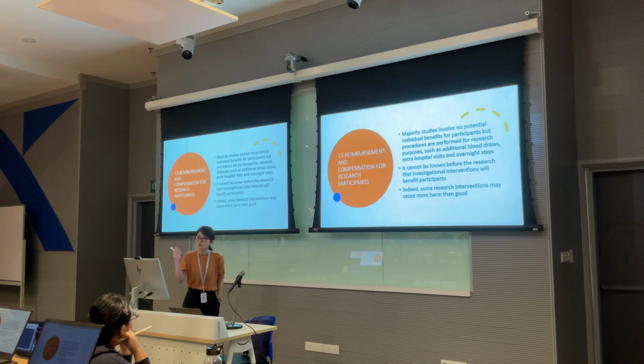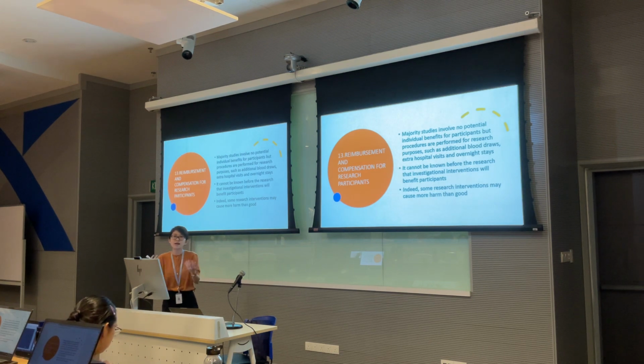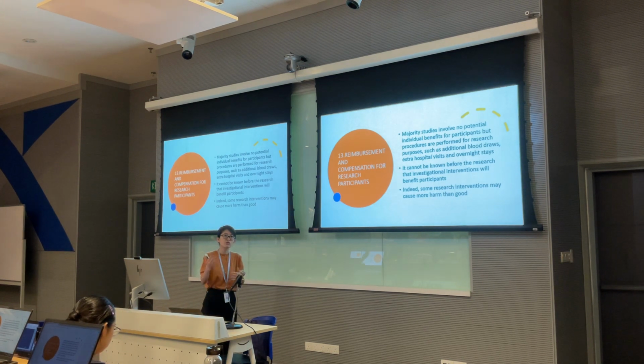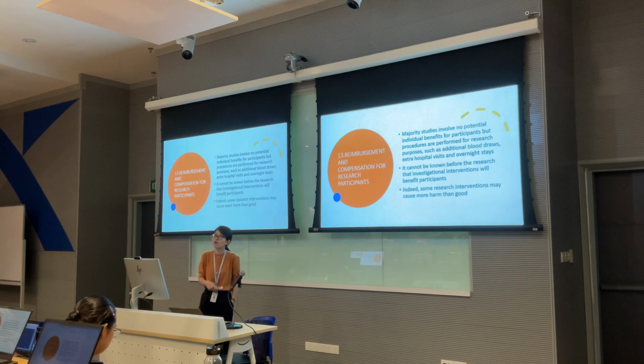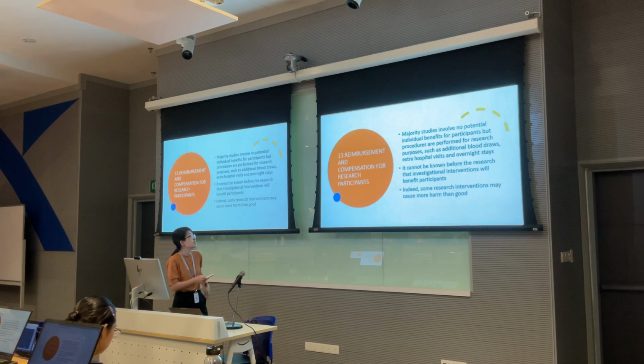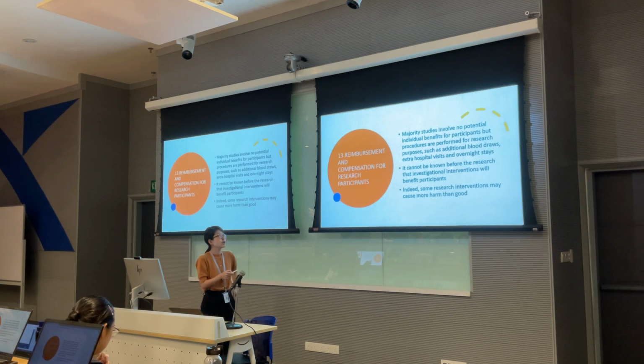But sometimes you request your participants to give additional blood draws, or to stay another night due to your research study, extra hospitalization, or an extra hospital visit to come back for a follow-up. All these may increase their risk and lead to the need for compensation. Later we will see what types of compensation. Usually we will not provide direct benefit to the participants, because we don't know whether the research will really benefit them or not.